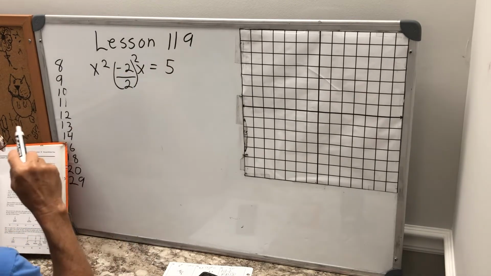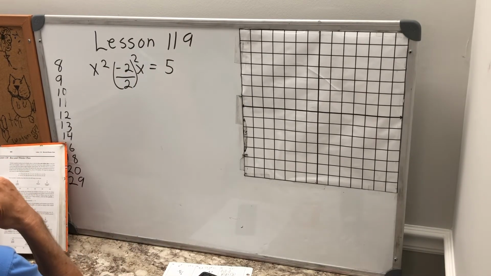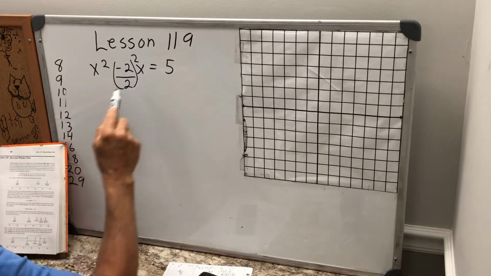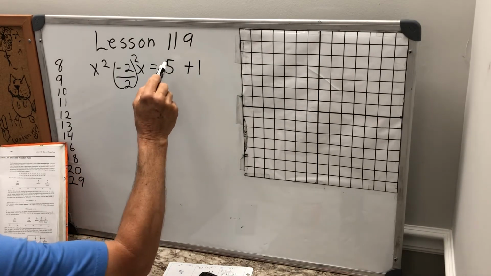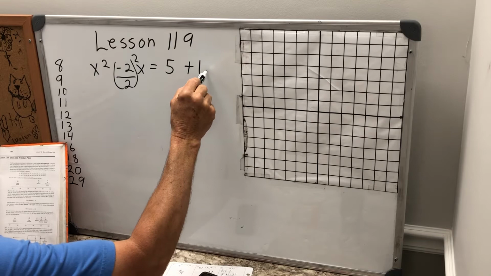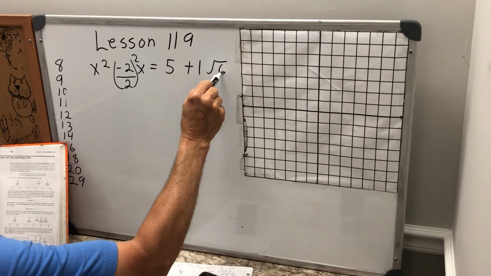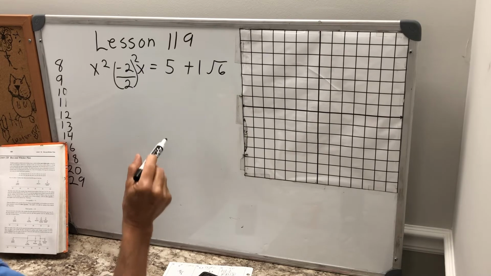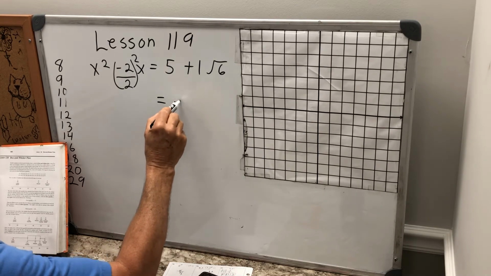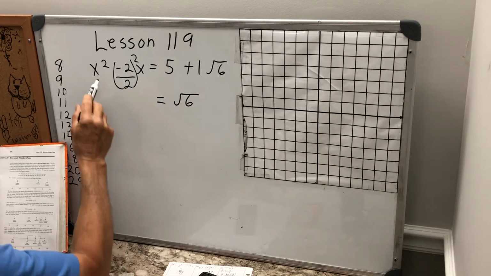So negative 2 divided by 2 is a negative 1. Negative 1 times a negative 1 is a positive 1. Then 5 plus 1 is a 6, and we take the square root of that. Can we simplify that? We cannot. So here's what we have, equals square root of 6.